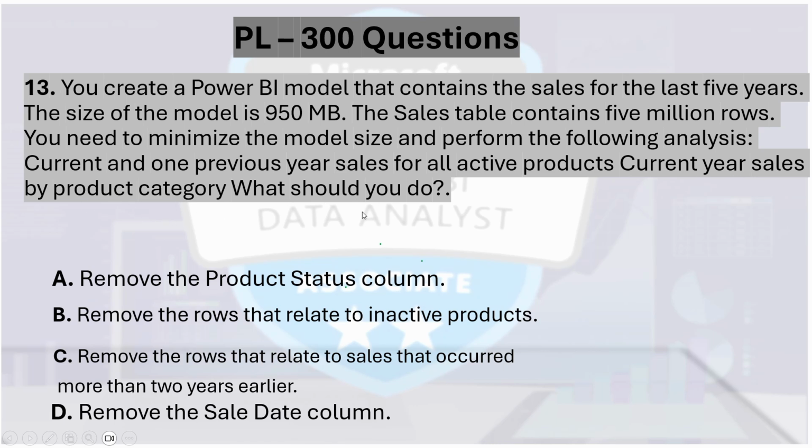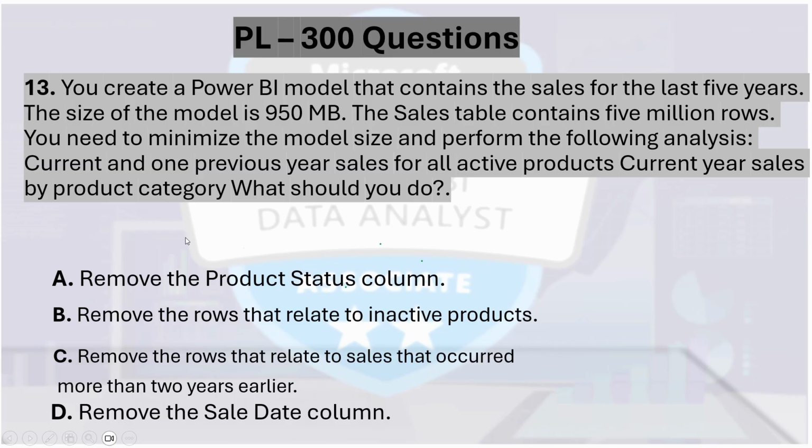What should you do? So there is a big model, the file size is 950 MB. Now you have to minimize the model size to analyze the current and previous year sales for all active products.